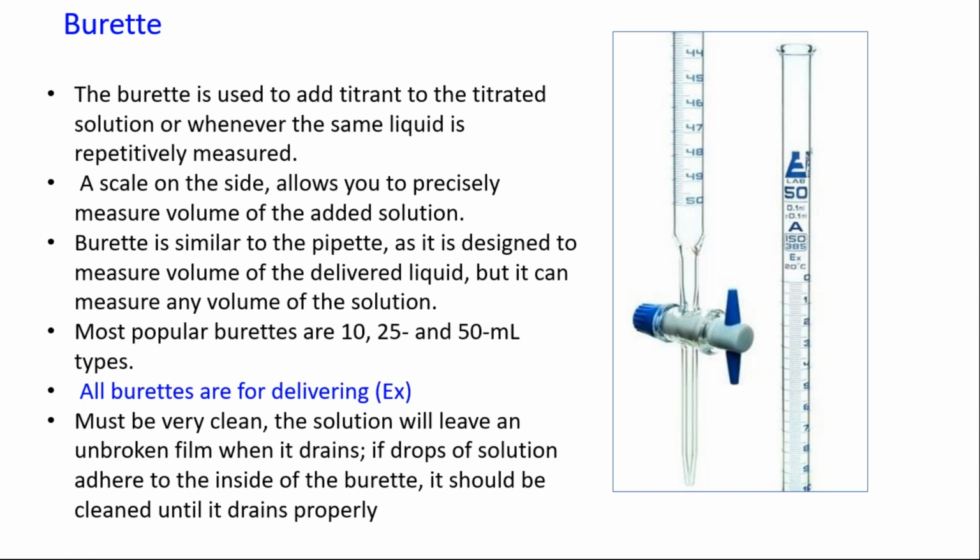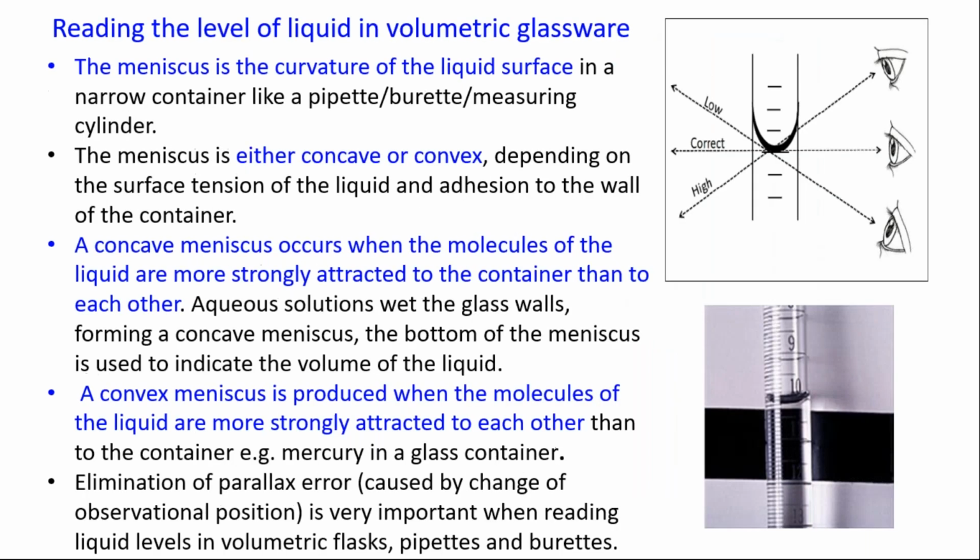So when you want to check for cleanliness, water should flow through without sticking to the sides of the burette. You can find the tolerances for class A and class B from the National Institute. NIST has the tolerances.